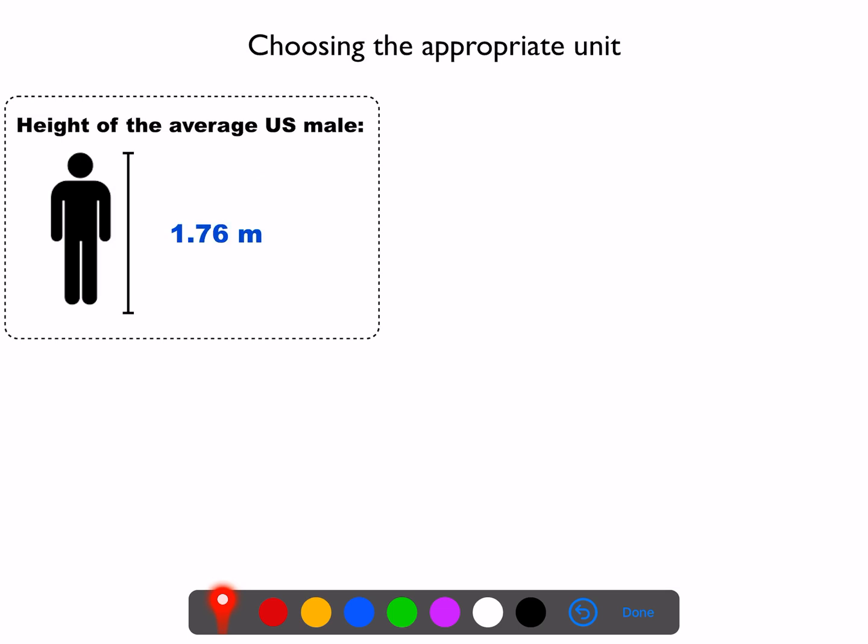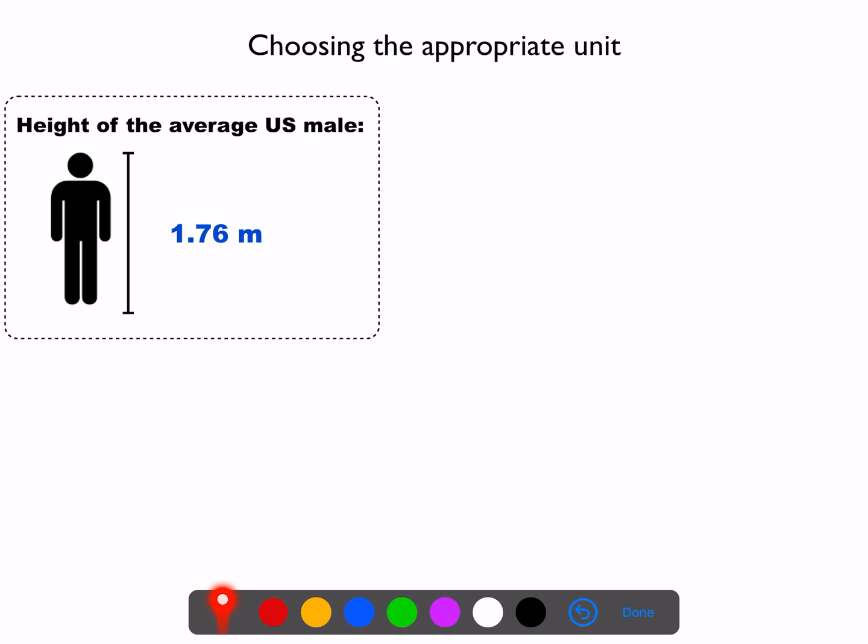So one of the things that goes with our unit conversions and reporting of values is we have to think about the use of the appropriate unit. And to give a little perspective on this, the average US male is reported to be 1.76 meters tall.